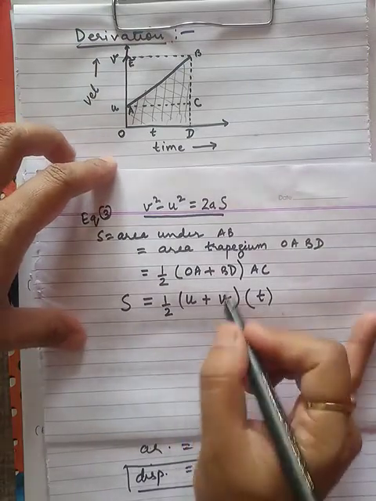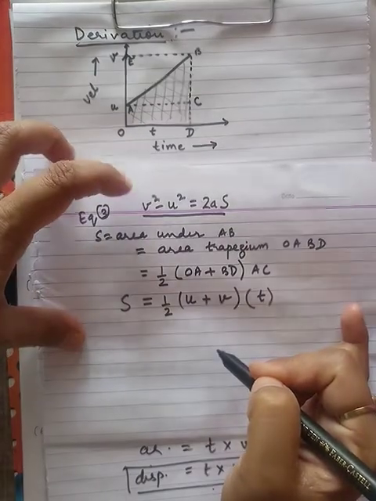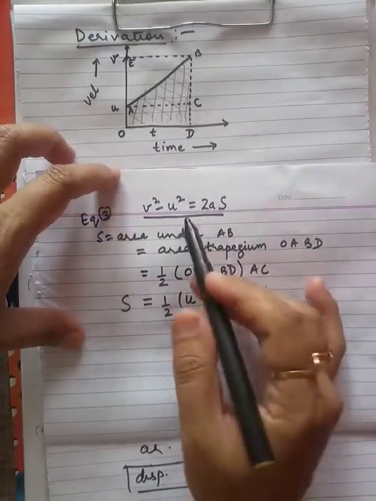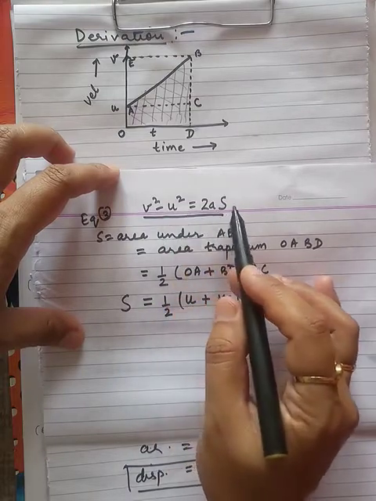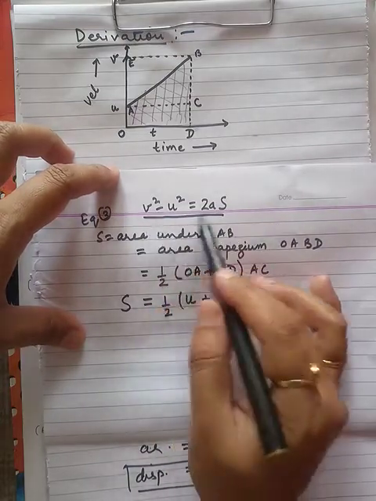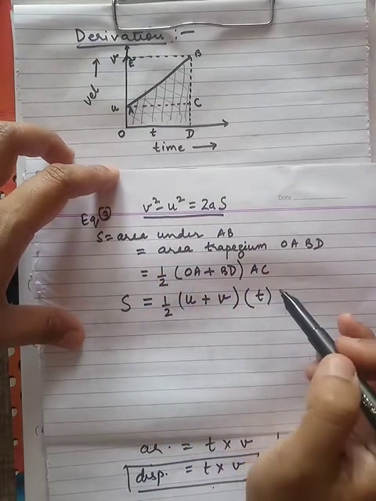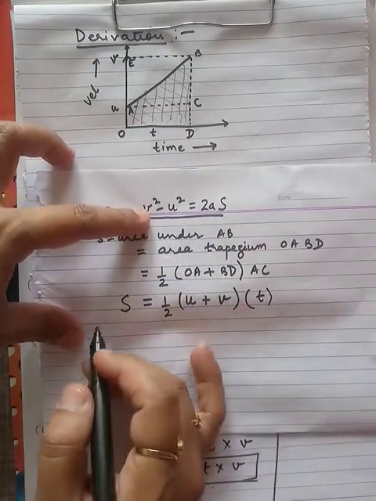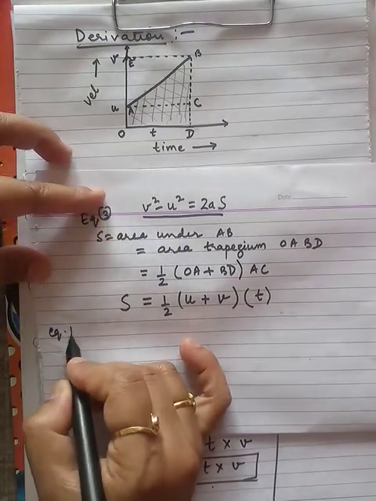Now can we see the equation? We cannot see the equation as it is, but we have to take some different steps to come to the conclusion that our equation becomes v square minus u square equals 2as. In this equation we don't want t, but we are getting t over here, so we have to replace it. How to replace? Replace t using equation 1.